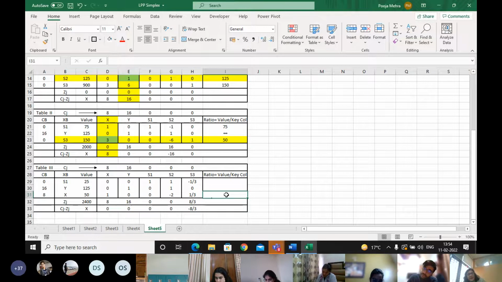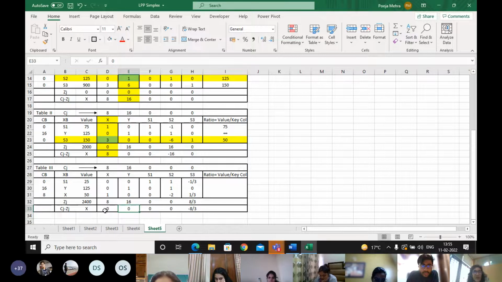Why? Because apart from the basic variables, you can see these three are the basic variables: x, y, s1. So the x value in the index row is always 0, and the y value, because y is a basic variable. In every table, the basic variable coefficients are 0 in the index row.